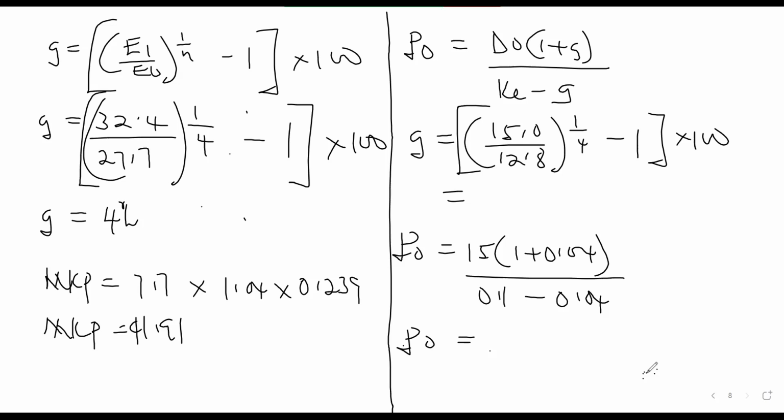I got 260. Okay, it's supposed to be 2.60, because this is supposed to be 0.15. It's close. Okay, so 2.60.